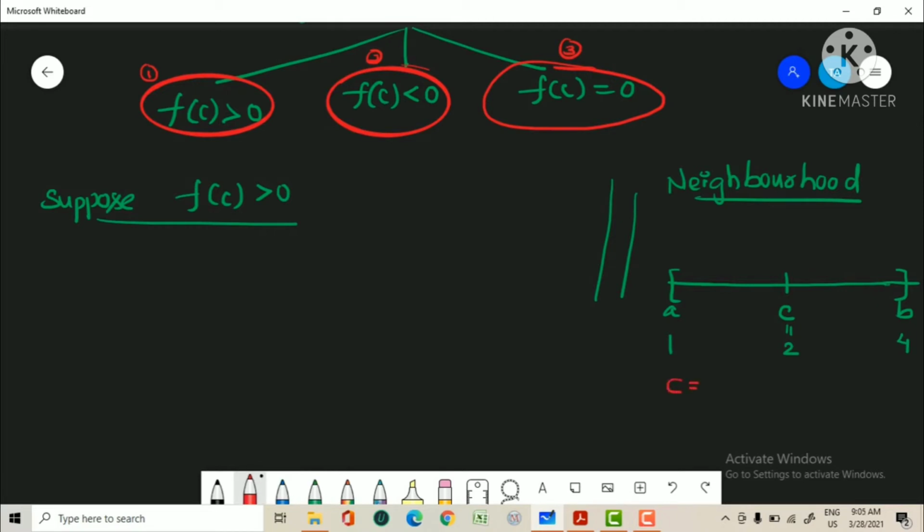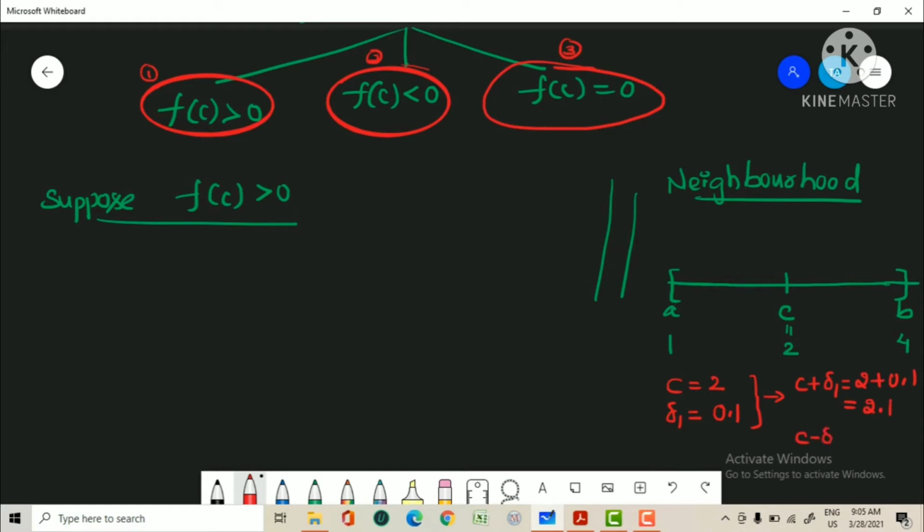suppose we have considered c is equal to 2, right? So I will consider delta 1 value as 0.1. From this, c plus delta 1 will be equal to 2 plus 0.1, that is equal to 2.1, right?